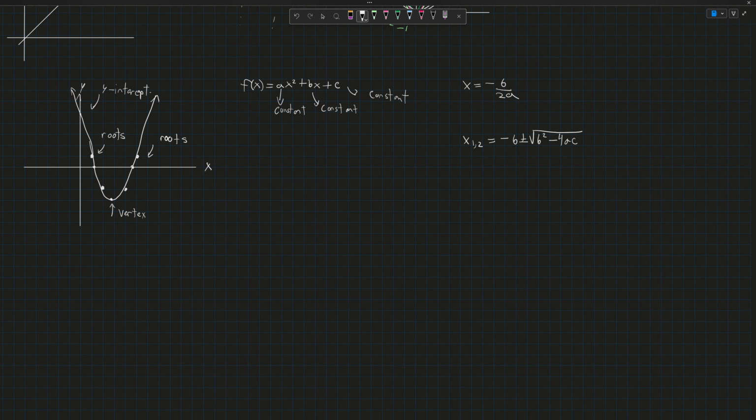Of course, this whole thing is the square root of that, square root of this. And this right here is useful for finding the roots of the parabola. I'll do an example in a minute.